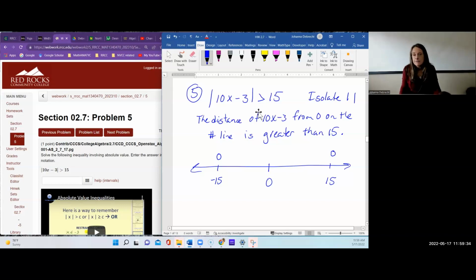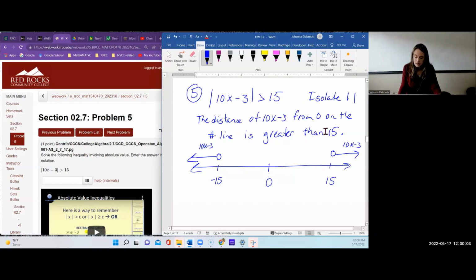Now, how can I be further away from 0 on the number line? Well, I could get further away by going to the right from 15 or by going to the left from negative 15. Oh, well, that's where 10x minus 3 is. 10x minus 3 has to be in one of these ranges.